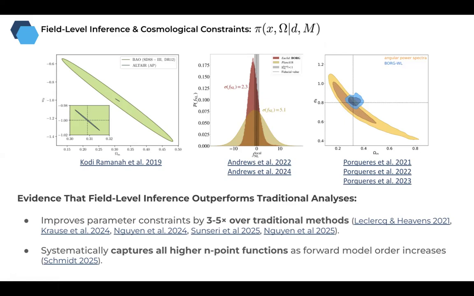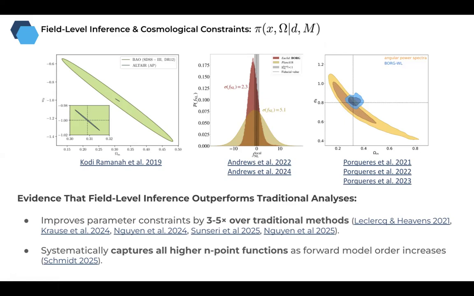So the more accurate your physics forward simulator in the inference is, the more it captures all higher n-point statistics automatically, and you don't have to design anything manually.